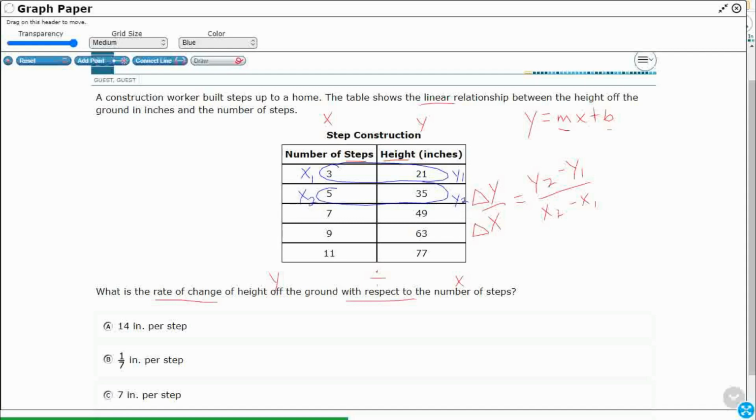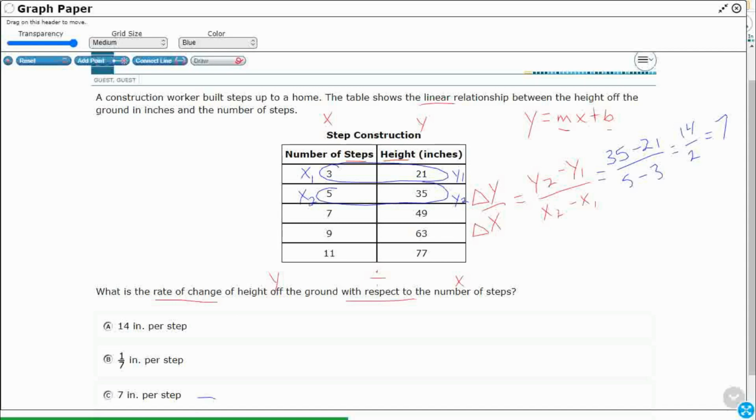You want to label them, because if you put an x1 with a y2, things won't work out so well. So my y2 is 35, my y1 is 21, my x2 is 5, my x1 is 3, so it looks like 14 over 2, which means 7, which we do have as answer choice C. But does that work with any set I choose?